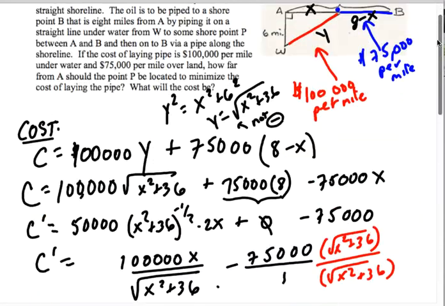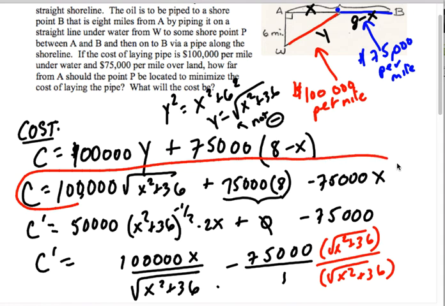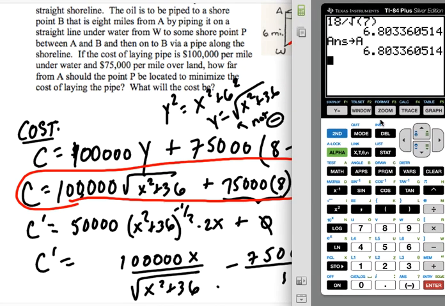Well, in order to find that cost, I'm going to go ahead and plug into this horrible monstrosity, which is part of the reason that I pulled the calculator out, right? So when I go to plug into that horrible monstrosity, I'm going to go ahead and type into my calculator, right? So I'm going to do 100,000. That's 100,000.